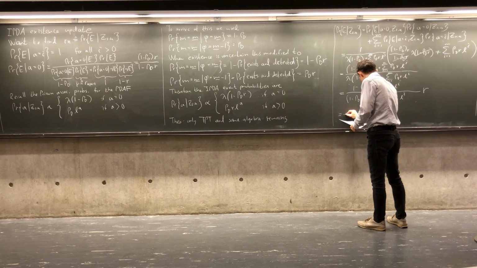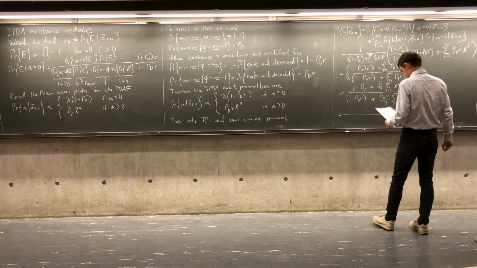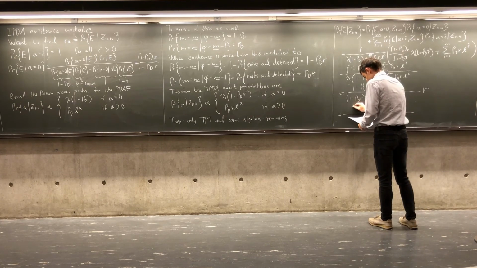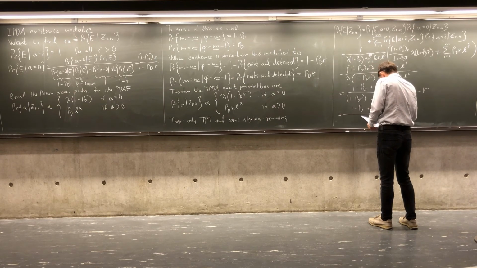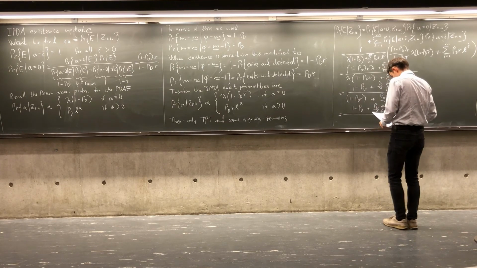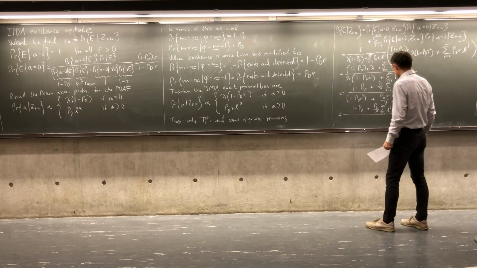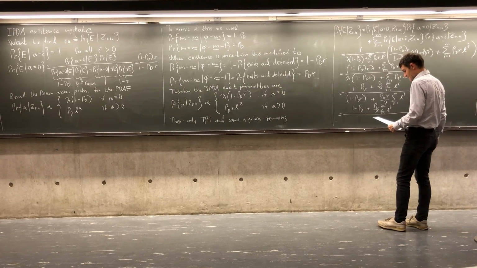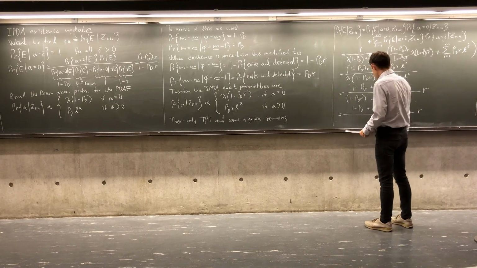I'm just doing one more step. I'm not going to do anything more with the numerator now, but the denominator is still a little bit not of the same form.